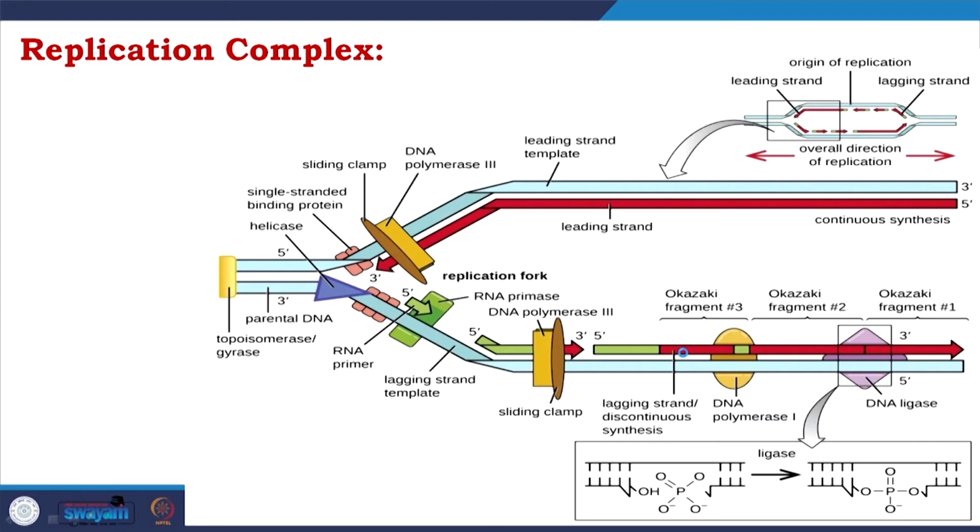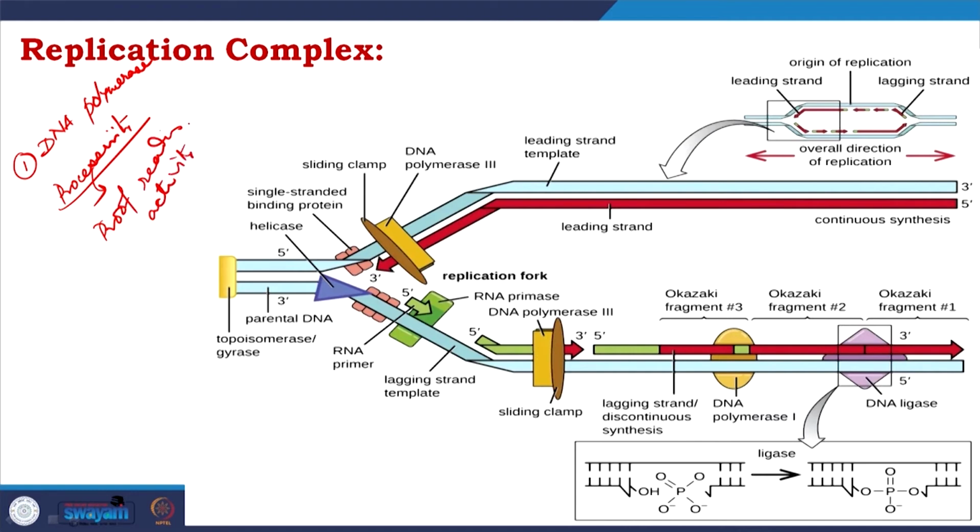So, one take-home message: it is a complex process, but DNA polymerase is the main enzyme, and processivity, or you could say proofreading activity, of especially the eukaryotic polymerase makes the synthetic process nearly error free.